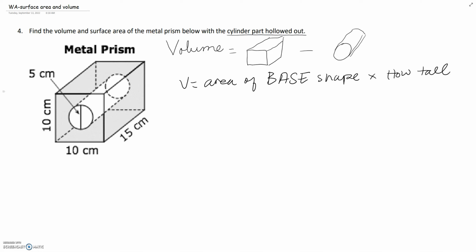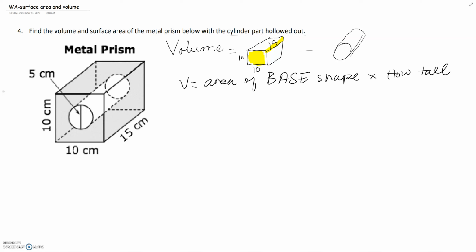For this part, the base shape is the square in the front, and the area of that square is 10 by 10, multiplied by how long? Since this is sideways, how long would be the 15 centimeters.